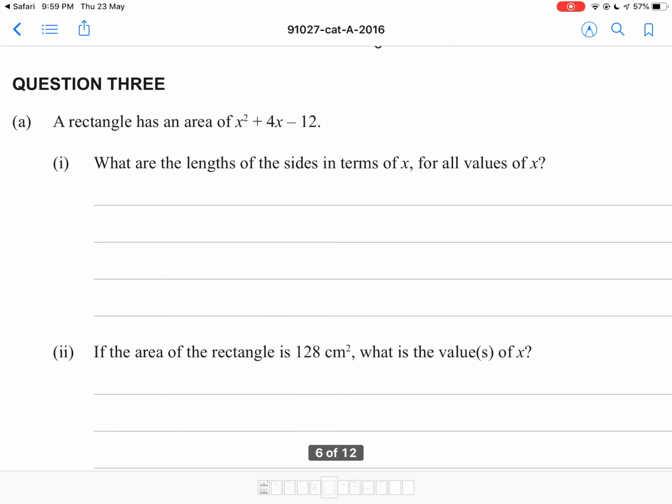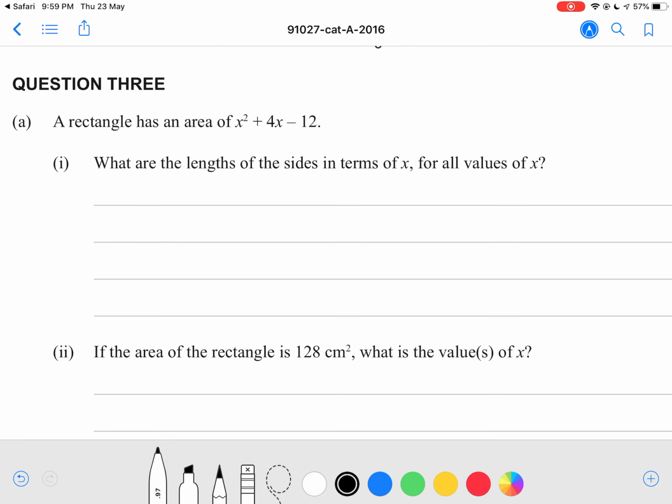Alright, next question. A rectangle has an area of x squared plus 4x minus 12. What are the lengths of the sides in terms of x for all values of x? So basically, this is pretty much exactly the same as the very first question we did. So we're going to factorize. We're going to say x on one side, x on the other side. What multiplies to negative 12 and adds to positive 4?